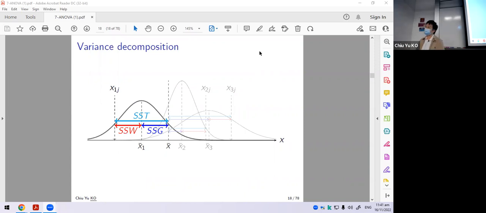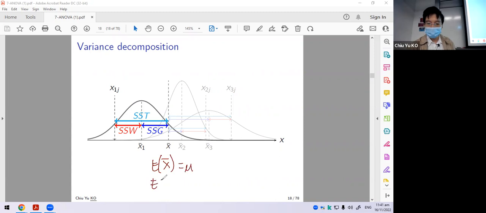There are three ways to measure the variance sigma, right? Under the null, all of them have mu, remember? So the X bar and each Xi also have mu.